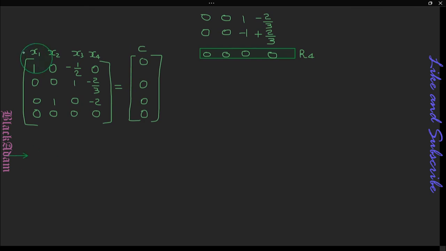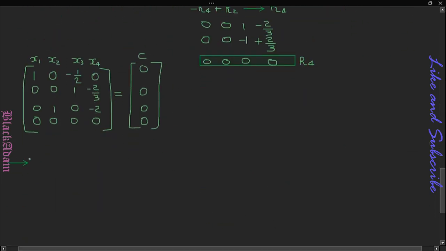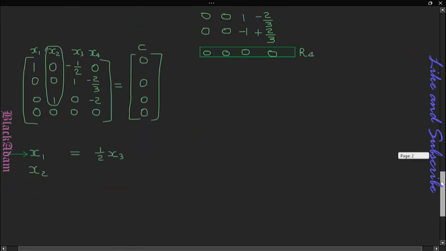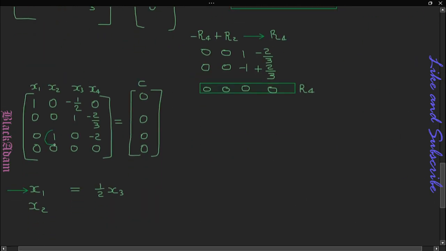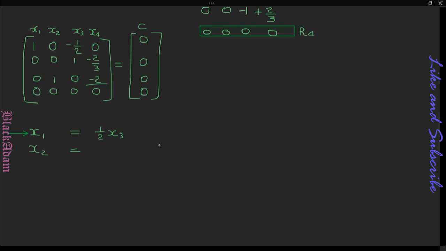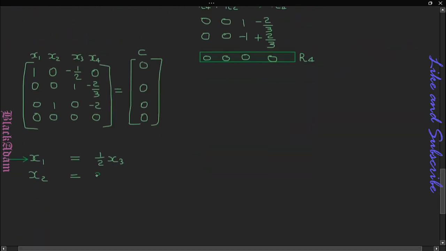So x1 is equal to 1/2 x3. And then x2: we have a leading coefficient there, which has to be a leading 1 so that it represents exactly the variable.